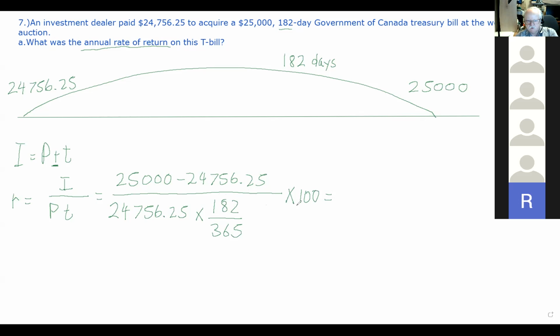25,000 minus 24,756.25. So this is $243.75. So I would start down at the bottom here with 182 divided by 365 times 24,756.25.